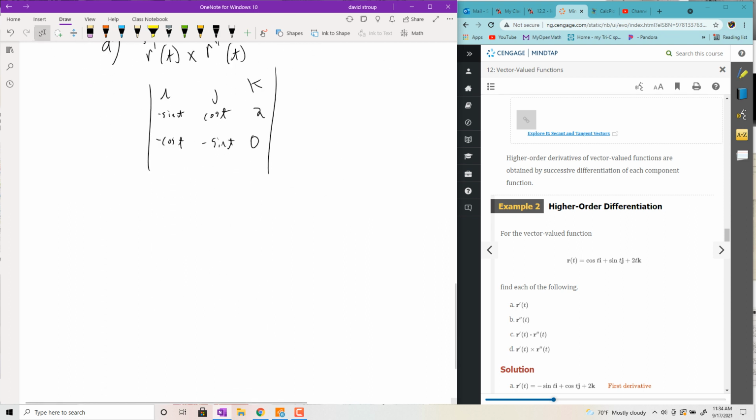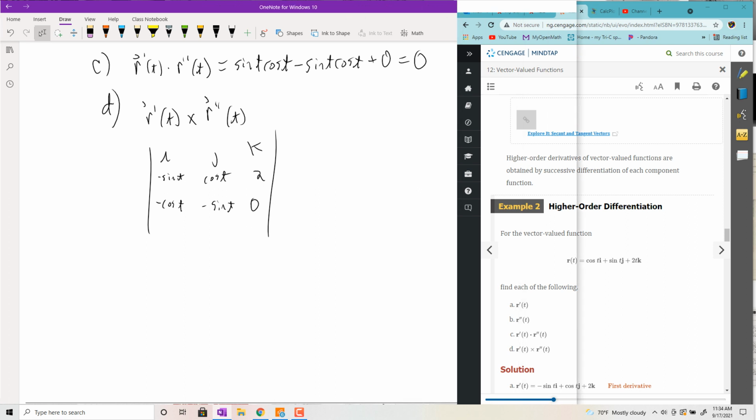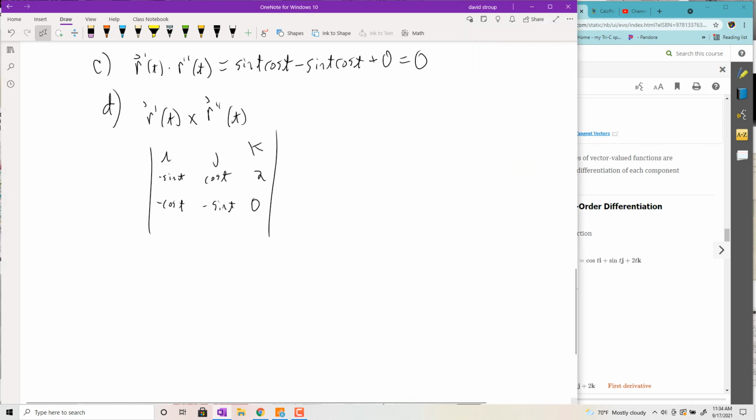And I need a little more room, so I have to move this over. Okay, so again, I like to use component angle notation. Blocking out that first column, cosine times 0 is 0, minus will become plus 2 sine t, comma negative.